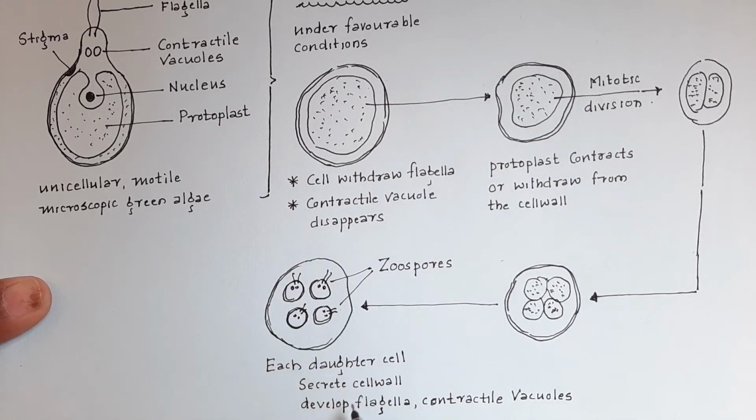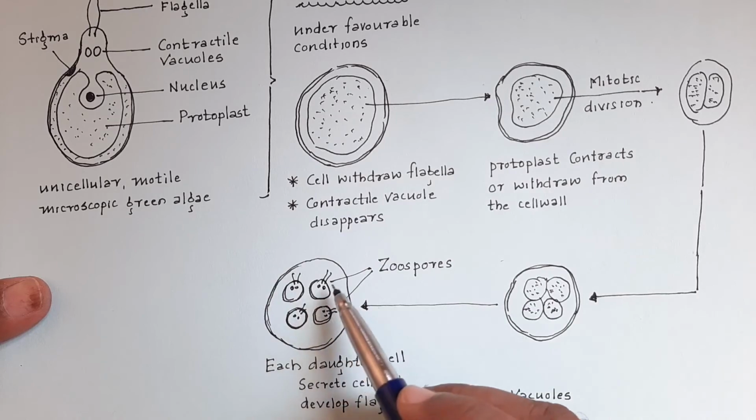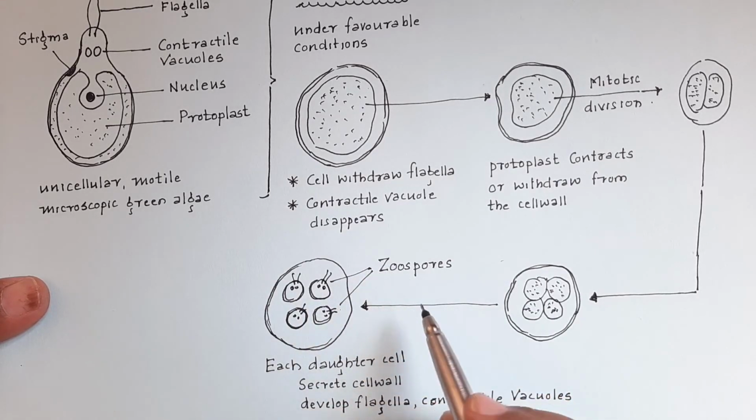These are the changes that take place with respect to the daughter cells. After experiencing all these changes, these daughter cells are now considered zoospores.